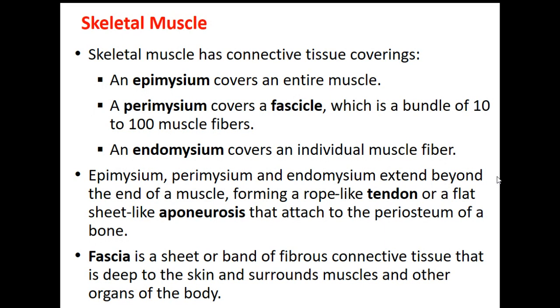At the shoulder end, there's just a regular tendon that attaches the pectoralis muscle to the shoulder. But at this end, the muscle spreads out and attaches all along the sternum. And so there's a thin flat tendon that attaches this muscle to the sternum, and that's called an aponeurosis.